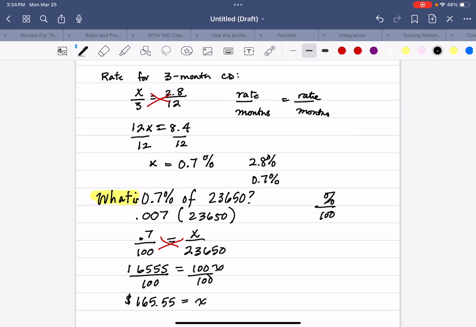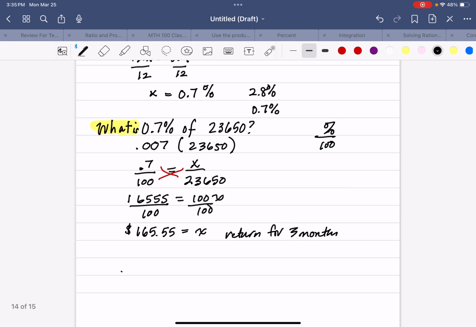That is our return for 3 months. Now you'll notice if I take the shortcut, 0.007 times, again, let me put parentheses, 23,650, 0.007 times 23,650, I get exactly the same answer.